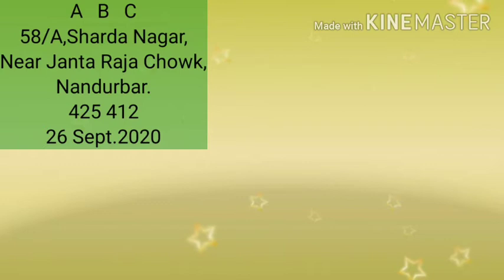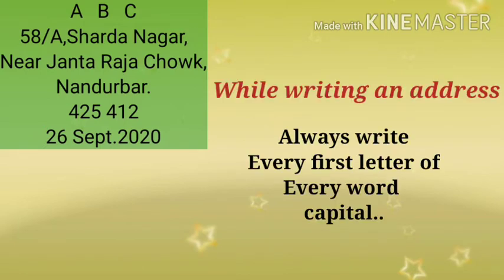Then we have to write the nearby landmark, if any. So I would write near Janta Raja Chowk. Every word's first letter is capital. We have to write the first letter of every word in capital.